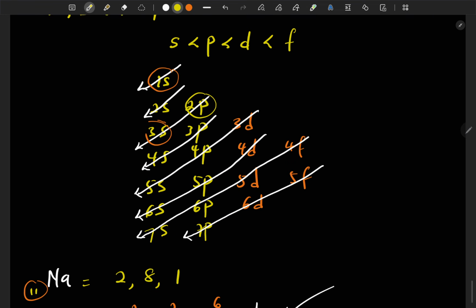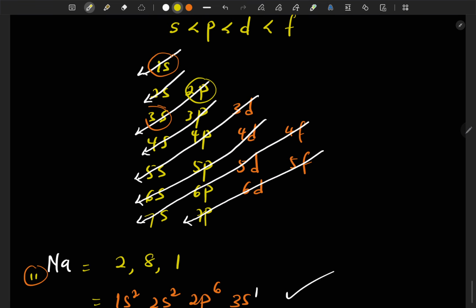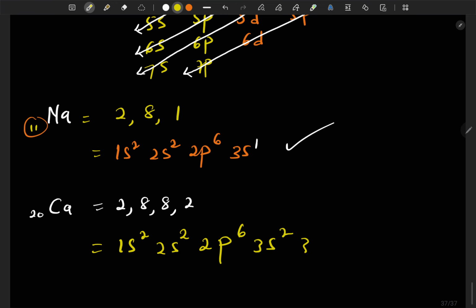The next orbital is 3s, which gets 2 electrons because it's an s orbital. The next orbital after 3s is 3p. Remember, a p orbital can occupy 6 electrons, so that will be 3p6. Now let's count to know how many electrons are left. 2 plus 2 is 4, plus 6 is 10, plus 2 is 12, plus 6 is 18.